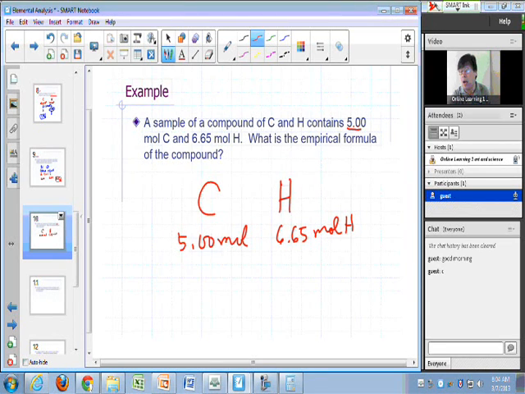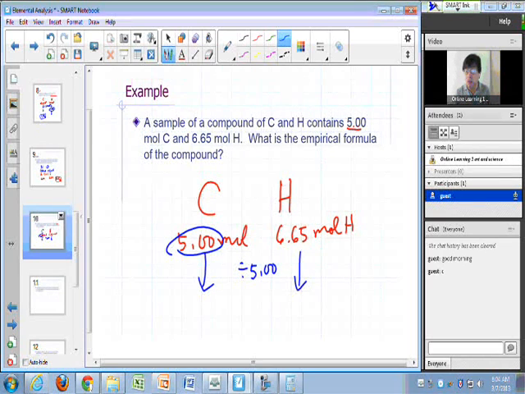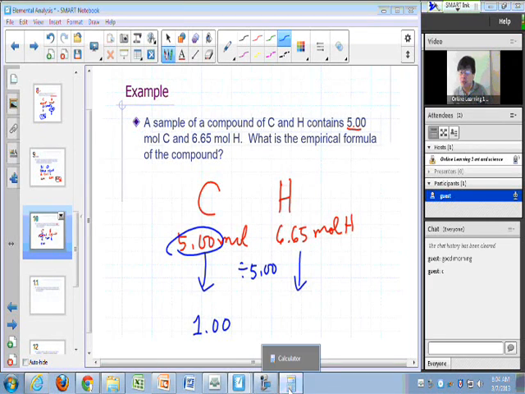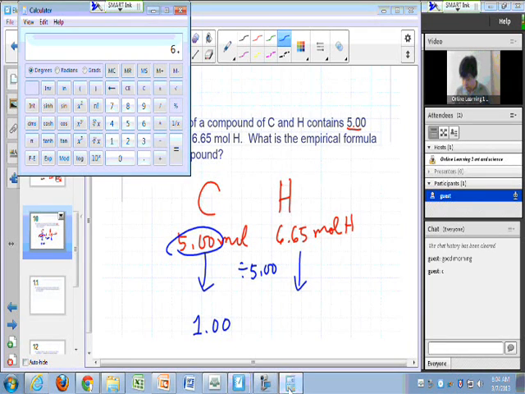You divide by the smaller number. So what are we going to divide this by? The smaller number is 5, right? So divide by 5.00. So 5 divided by 5 is a 1. But what is 6.65 divided by 5? That's 1.33.